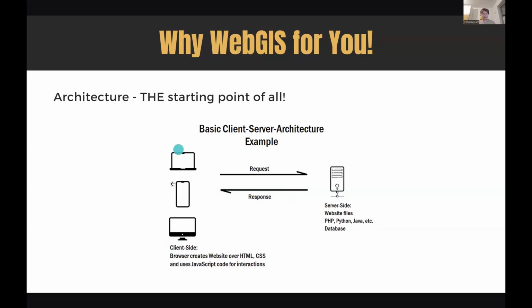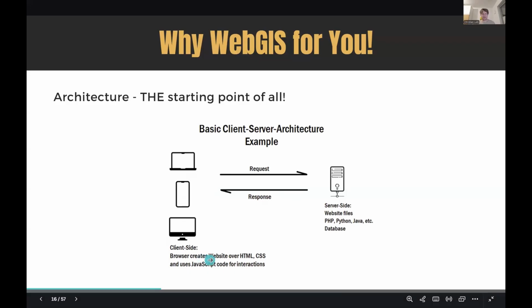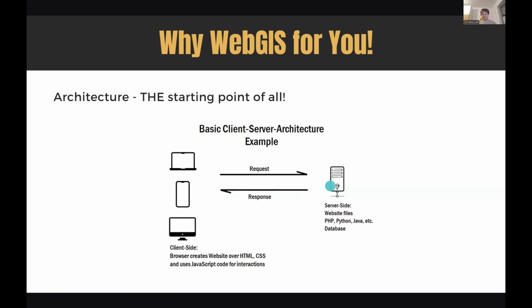Client side simply is the browser. It creates a website over HTML, CSS, and uses JavaScript code for interactions. That's important. Now on the server side, you have your website files.